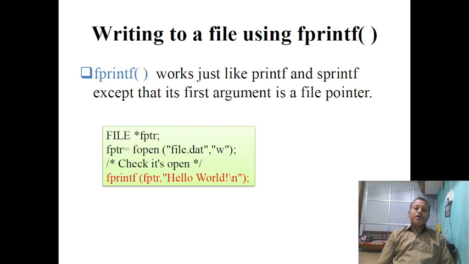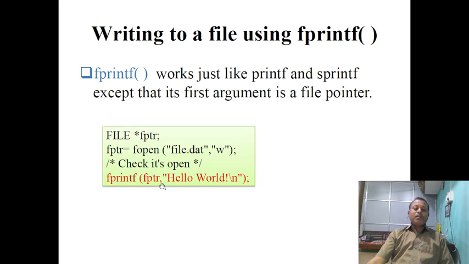Now, writing to a file using fprintf. fprintf is like printf; we have already demonstrated the function of printf. The f in fprintf indicates file printf, which helps print values into a file. It works just like printf, except that its first argument is a file pointer. That is the difference between printf and fprintf.